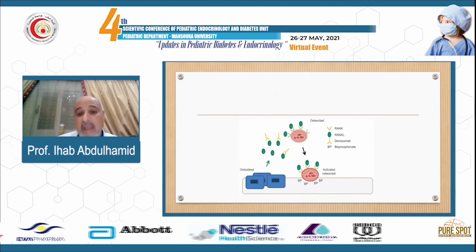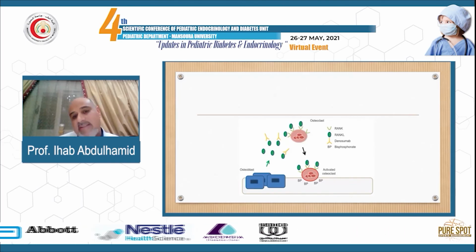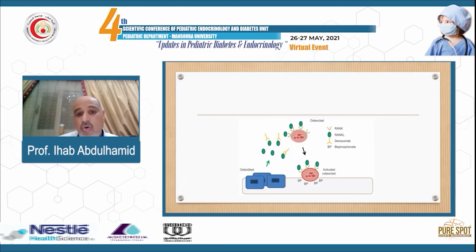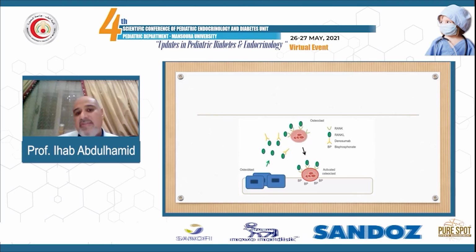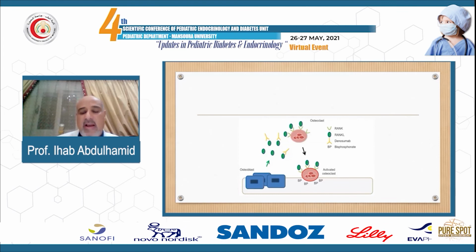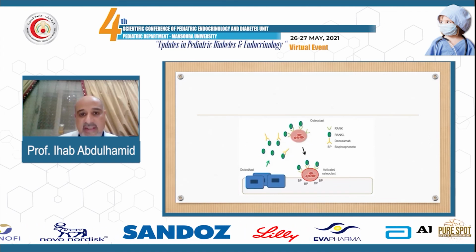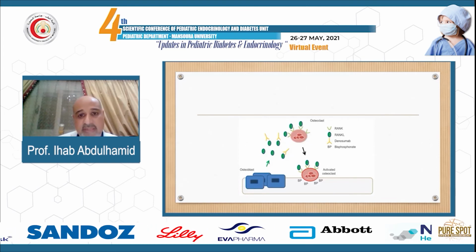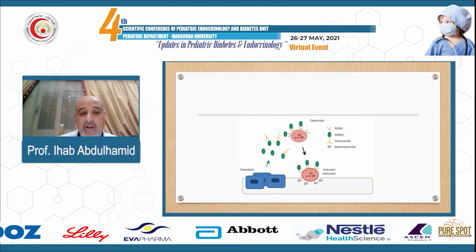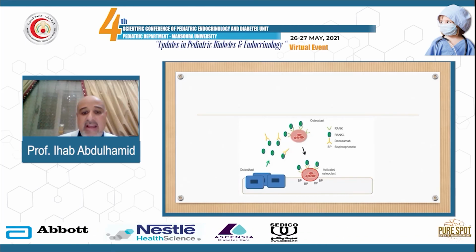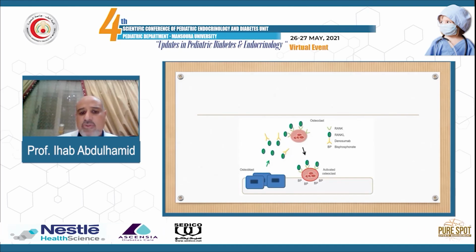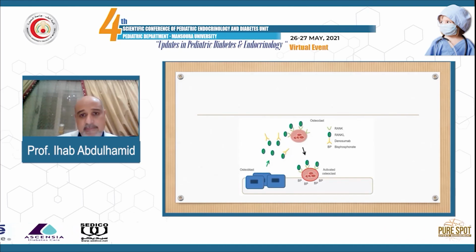While denosumab will block RANKL, and so it will lead to decreased survival, decreased function, and decreased hypercalcemia. So this is the difference in the mechanism between denosumab and bisphosphonate. It differs in the reversibility of effects and also the time of action. The denosumab is fast and the bisphosphonate works after 48 hours.